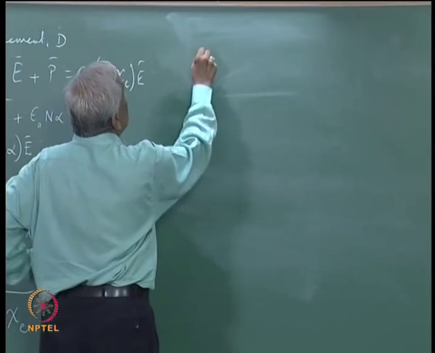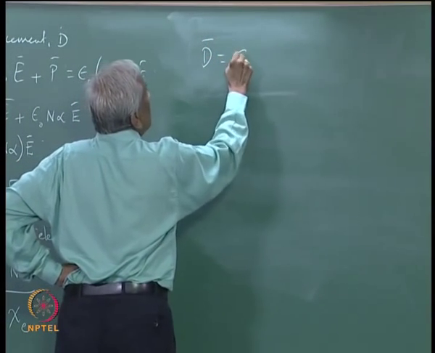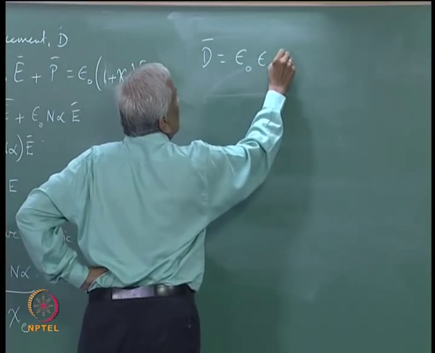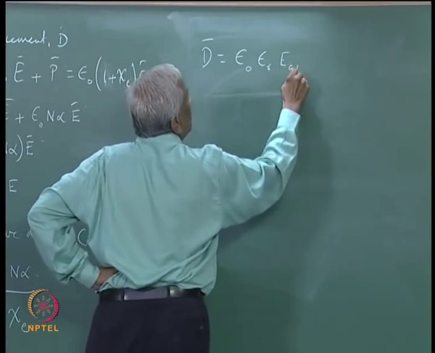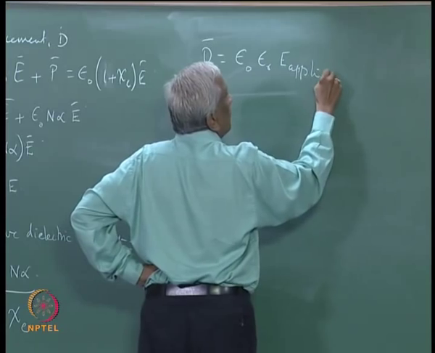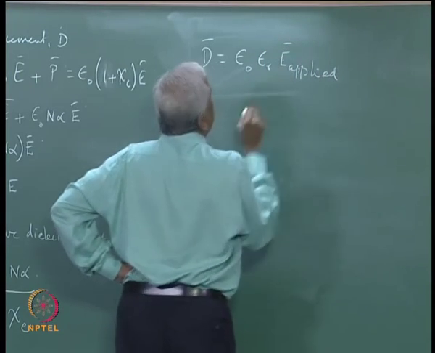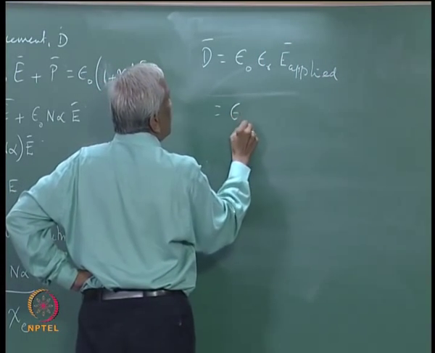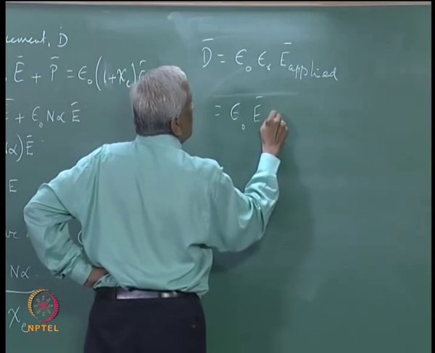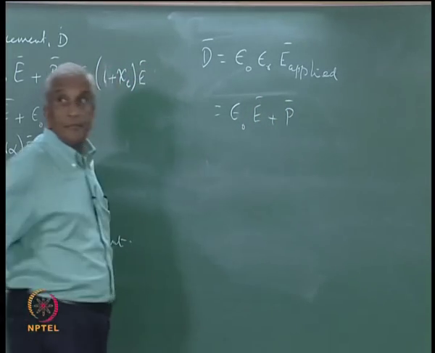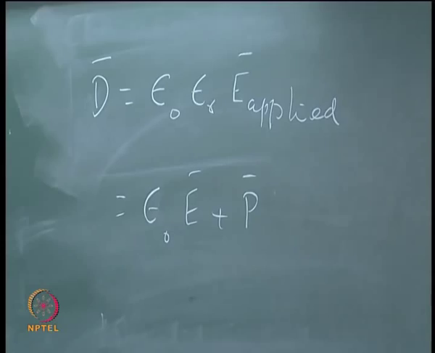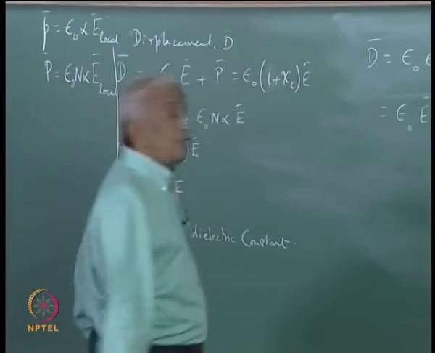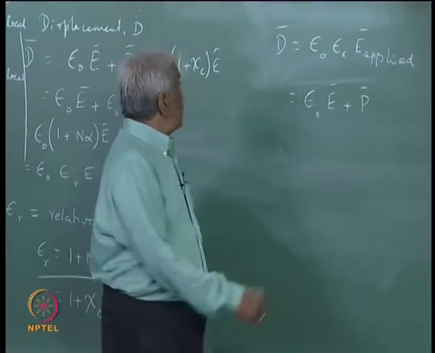So, let us substitute this value of P and see what we get. D is epsilon naught epsilon r E applied, and this is equal to epsilon naught E plus P. So, this will give me a relation.